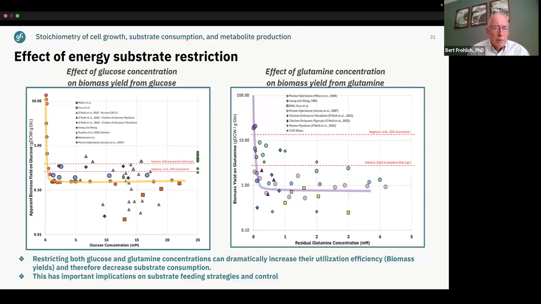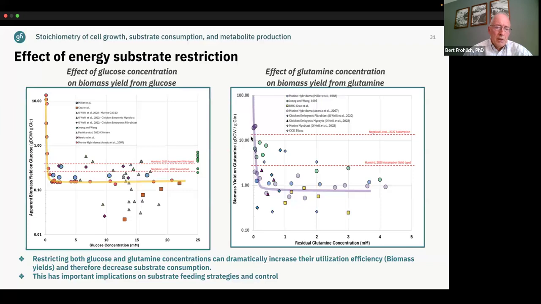There was one study that we found that was well done by Acosta et al. And those are the curves shown, to the left and to the right, for glucose and glutamine respectively. And it shows as you reduce the concentration and if you restrict the availability of a given substrate, the yield on that substrate jumps up and is almost 2 orders of magnitude difference. So that's quite a difference.